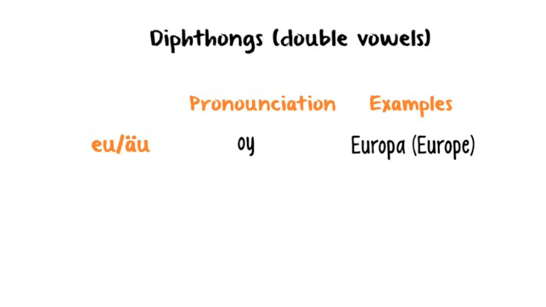The next letter combination is IE, which is simply pronounced like E. For this letter combination, we have the example of the word sie, which means you. Europa, sie.